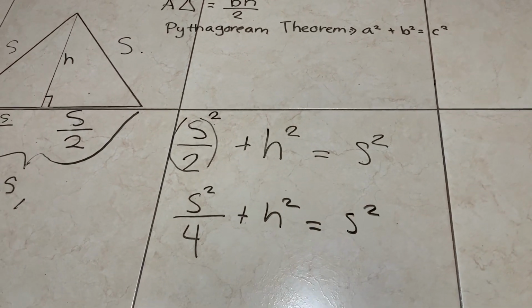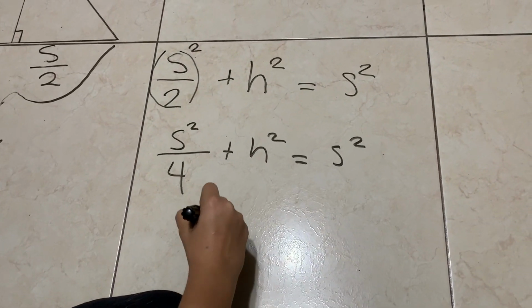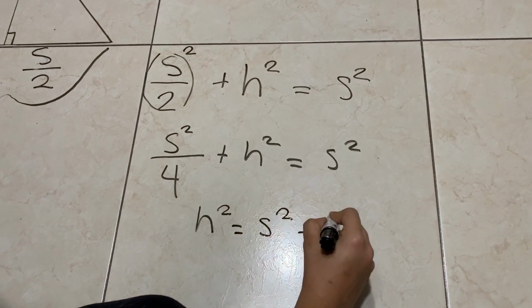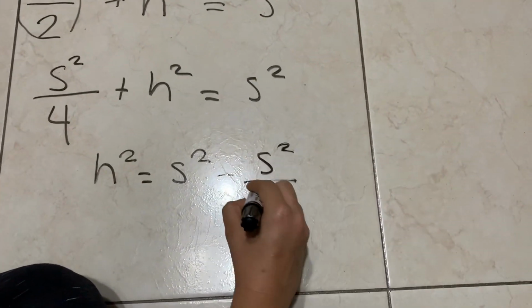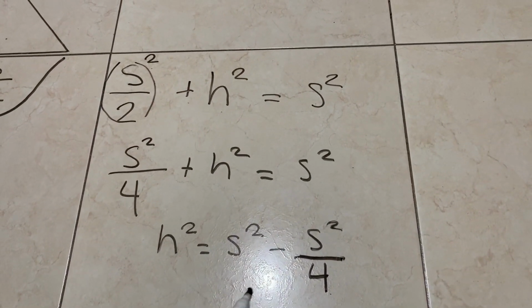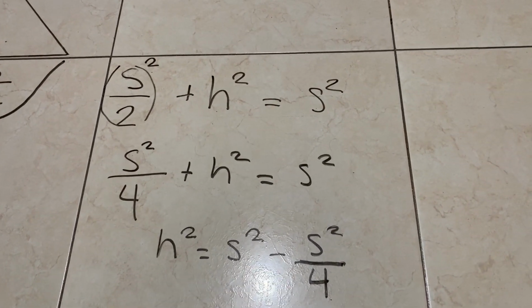So we gotta isolate H because we're looking for it. So it will become H squared is equal to S squared minus S squared over 4. Then, because we gotta subtract, we gotta have the same denominator.